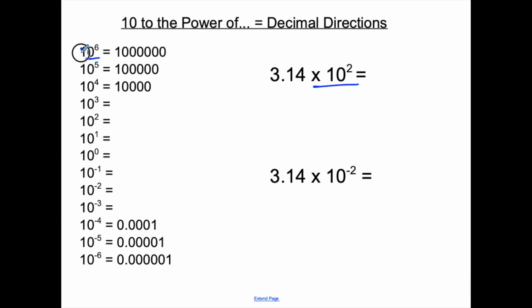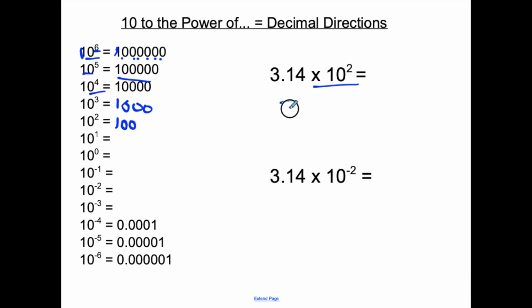How about you just write 1 with 6 zeros? Oh, there's a 1 with 1, 2, 3, 4, 5, and 6 zeros. 1 with 5 zeros, 100,000. 1 with 4 zeros. 1 with 3 zeros. That's 1,000. 10 to the 3 is 1,000. So 10 to the 2 is 1 with 2 zeros. It actually means 100.